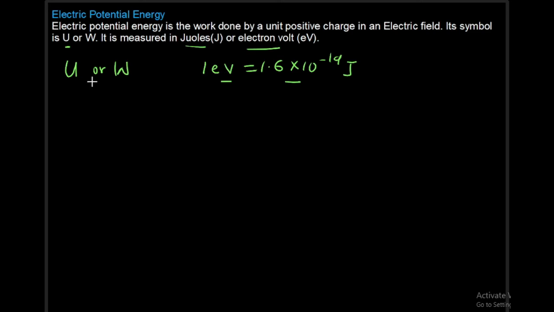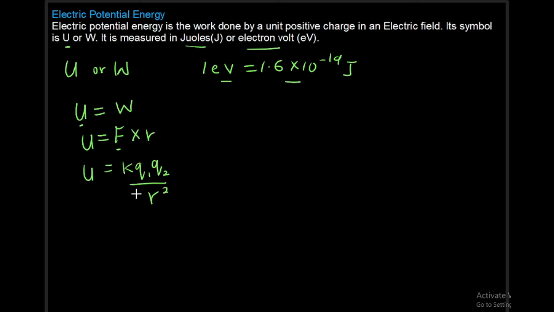All right. So what then is the equation for electric potential energy? Now energy is equivalent to work done. We said electric potential energy is simply the work done. So mathematically, electric potential energy is equal to work done. And we know that work done is equal to force times distance. So we can say electric potential energy is simply force times distance. From Coulomb's law, we also know that the force between two point charges is equal to K Q1 Q2 all over R squared.